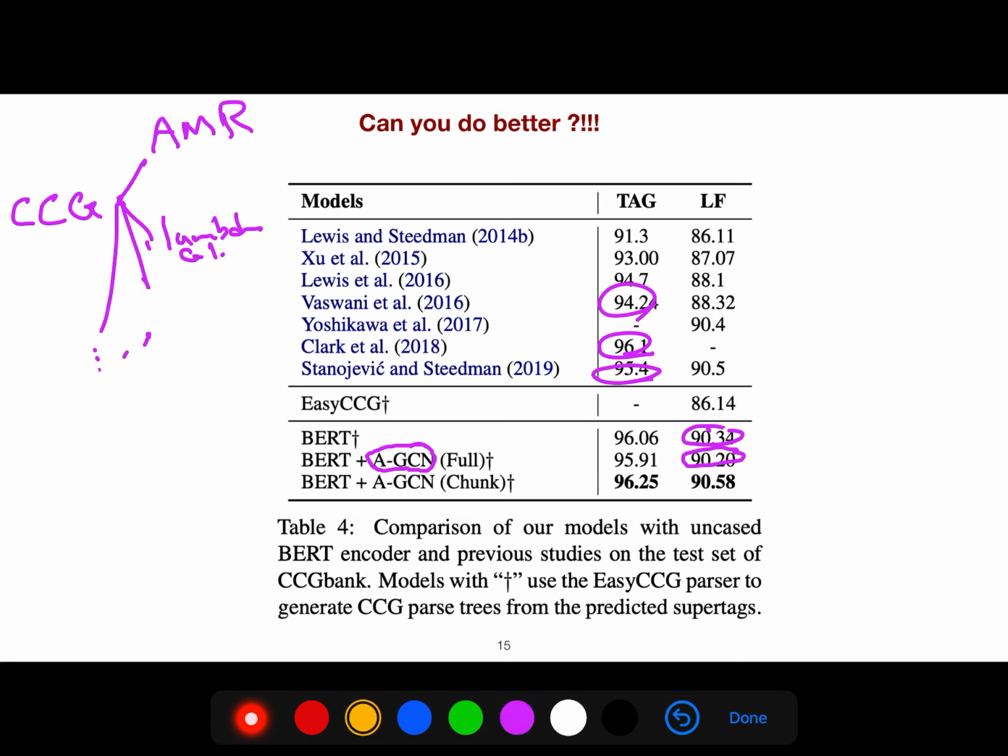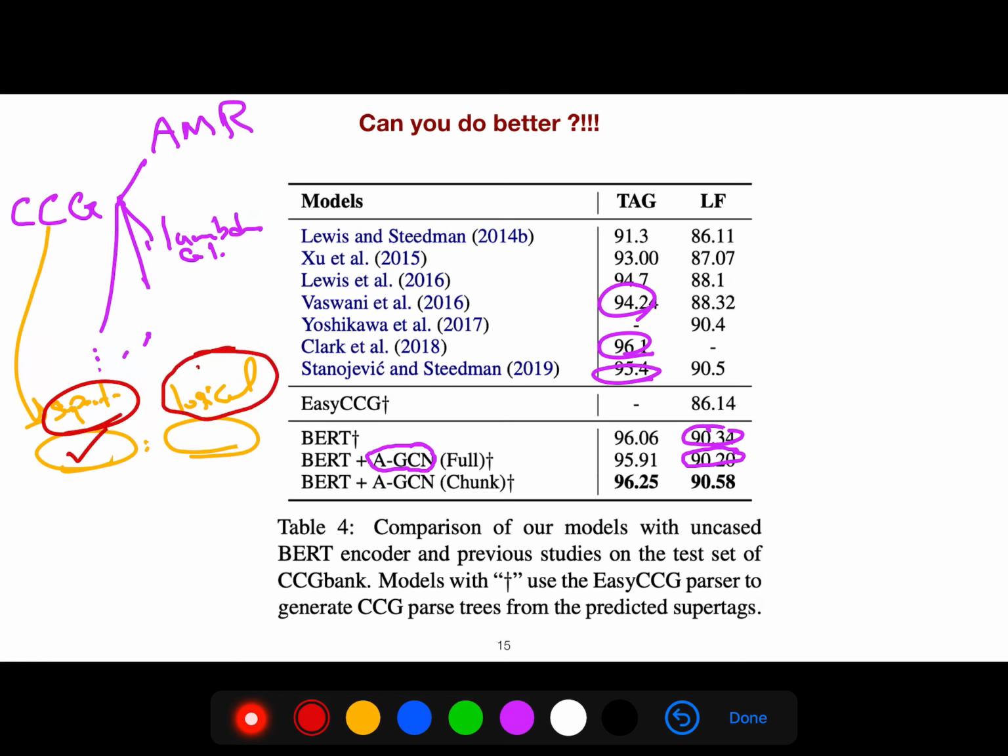What is CCG? It has a supertag and also this logical form. Most papers just work on supertags, but I don't know why they ignore the logical form. But they should be combined. They should be considered together jointly.